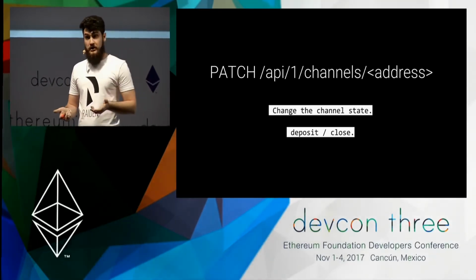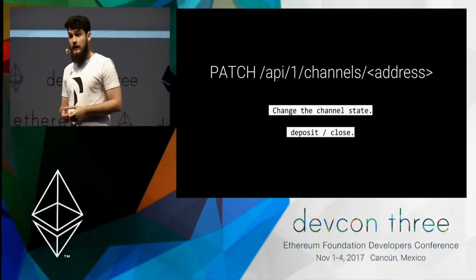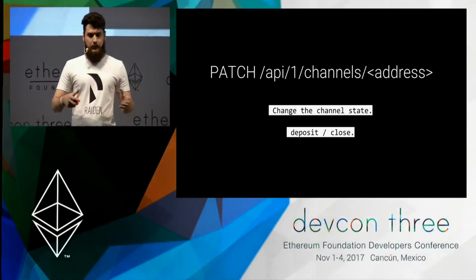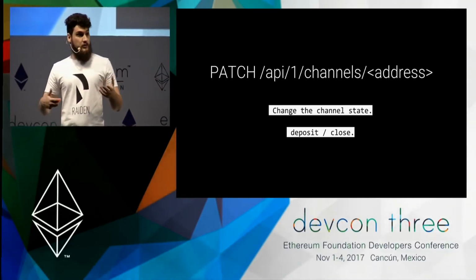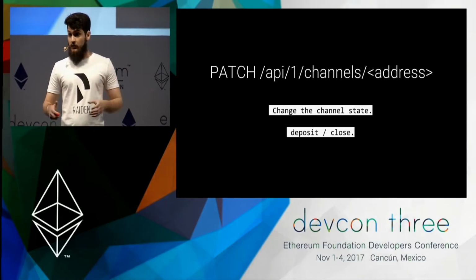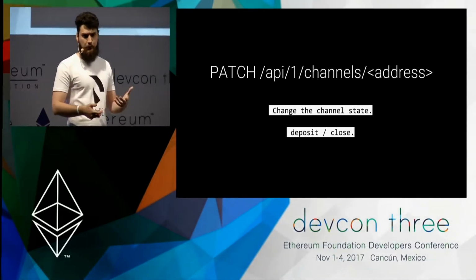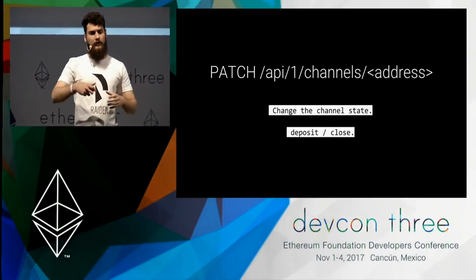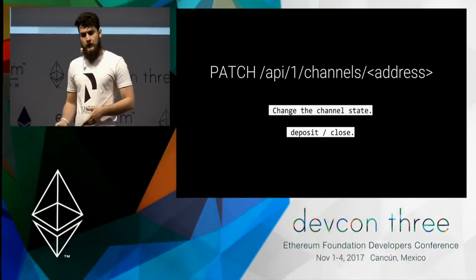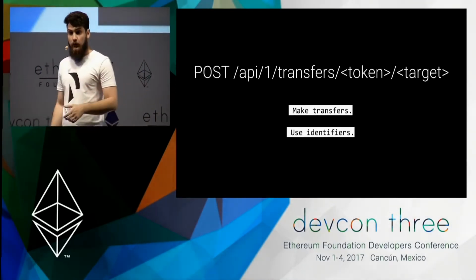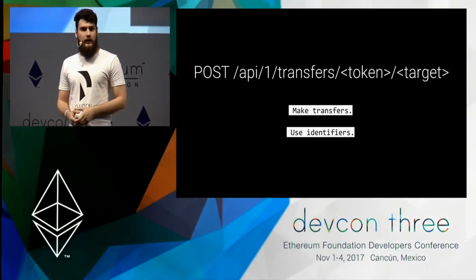Once you close the channel, Raiden will automatically wait for the settlement period. That's the period that we have for dispute resolution. Once the dispute is over, Raiden will withdraw your tokens from the channel using the proofs that were available by both of the parties in the channel. So that's everything that we need to know on how to connect to the Raiden network.